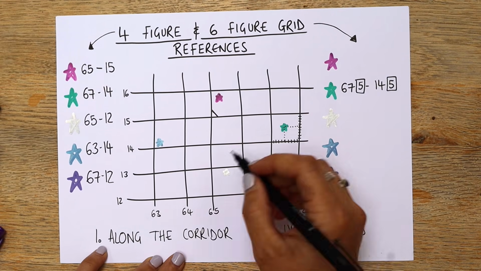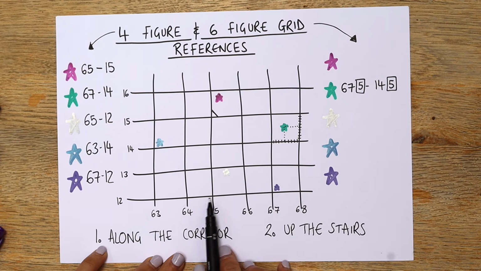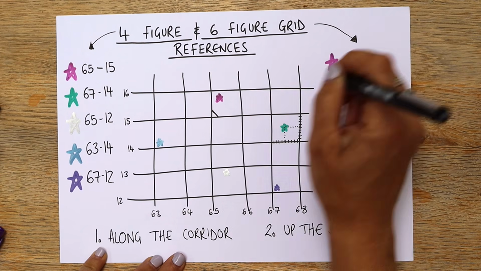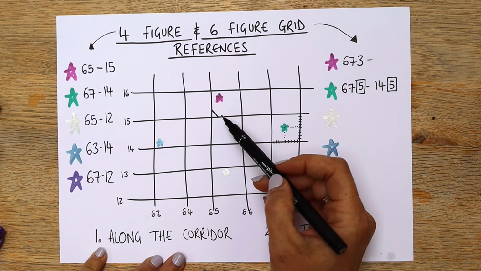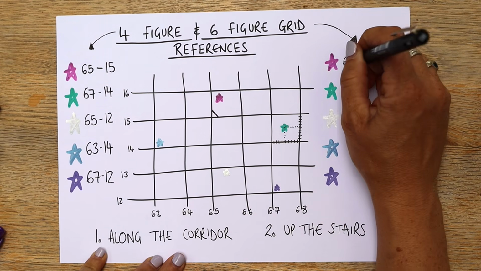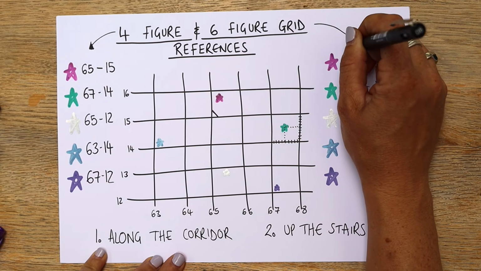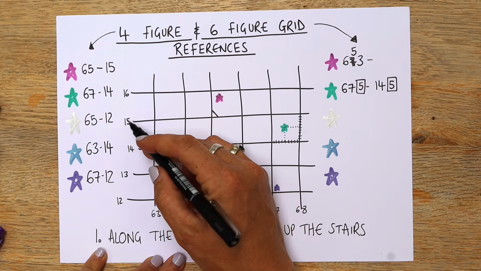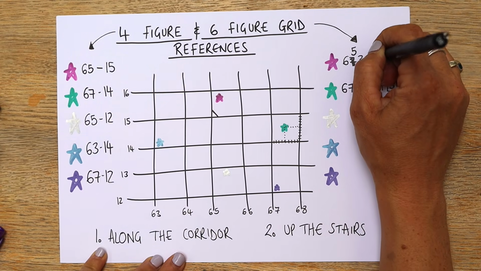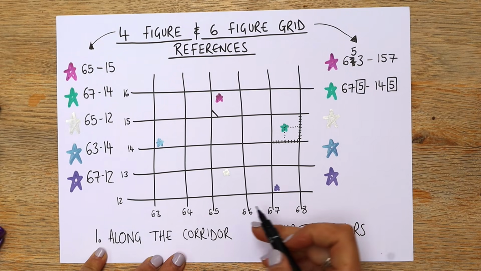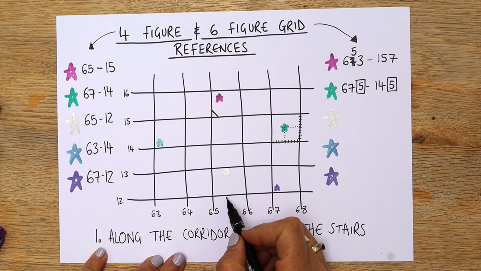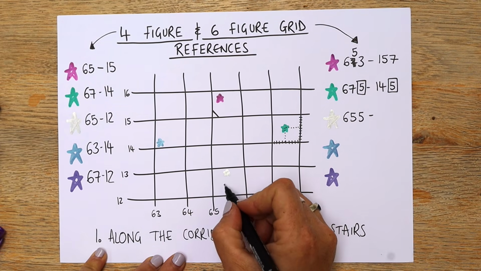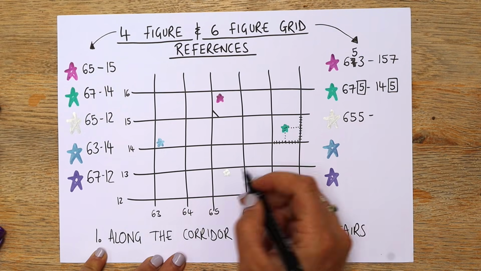I'm going to quickly do them for you now. So the pink star, 6, 7, 1, 2, 3. Oh, sorry, it's not 67, is it? It's 653. I apologise. 653, and then 157. And then the silver star is 655, and then 128.